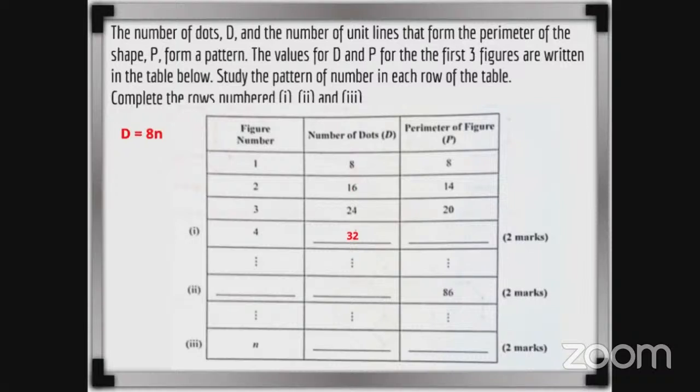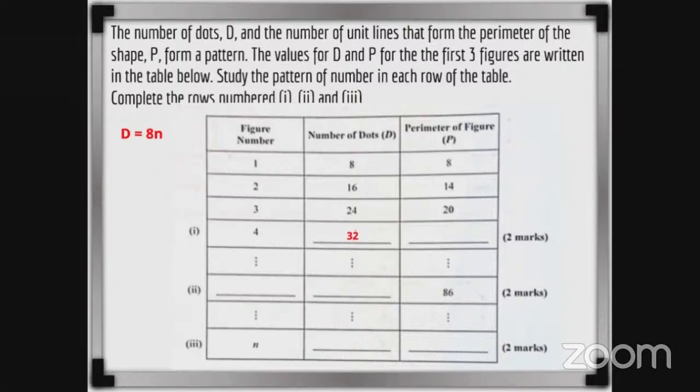And we figured out the 32 and the 26 by just looking at the numbers previously in the same column. And the reasoning was logical, right? Everybody remember that? Yes, Miss. And we had said that the number of dots is 8n.